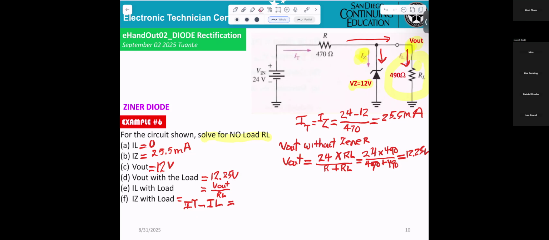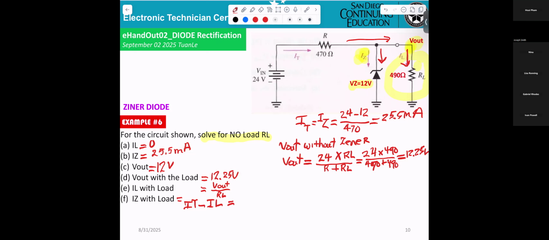That means I total is 25.5 milliamps. You get 25.5, right? Correct. And now you get the current going into the load, IL.